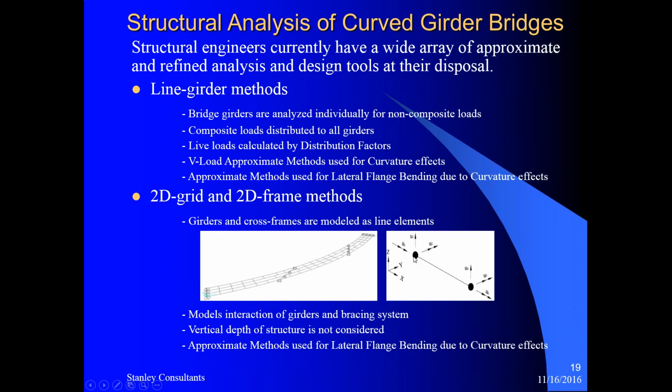They are basically beam elements, and then the loads are analyzed and the moments and reactions are computed. Here the vertical depth of the structure is not considered. And again, approximate methods are used for the lateral flange bending due to curvature effects. These lateral approximate methods can also be used to include stresses due to wind loading, for example, and other lateral forces.